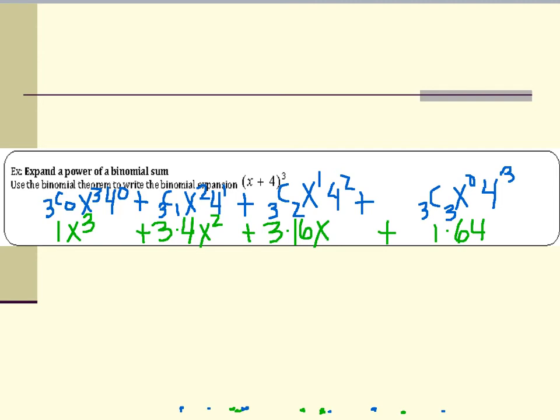All right, so let's just simplify now. x to the 1 times x to the third is just x to the third. Plus 3 times 4 times x squared is 12x squared. Plus 3 times 16 times x is 48x.